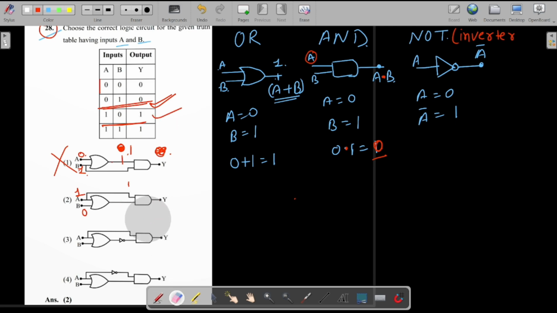Now the last row: 1 and 1. 1 plus 1 is 1, and 1 into 1 is 1. Yes, so in option 2, this circuit follows all the data of this truth table. So option 2 will be the answer.